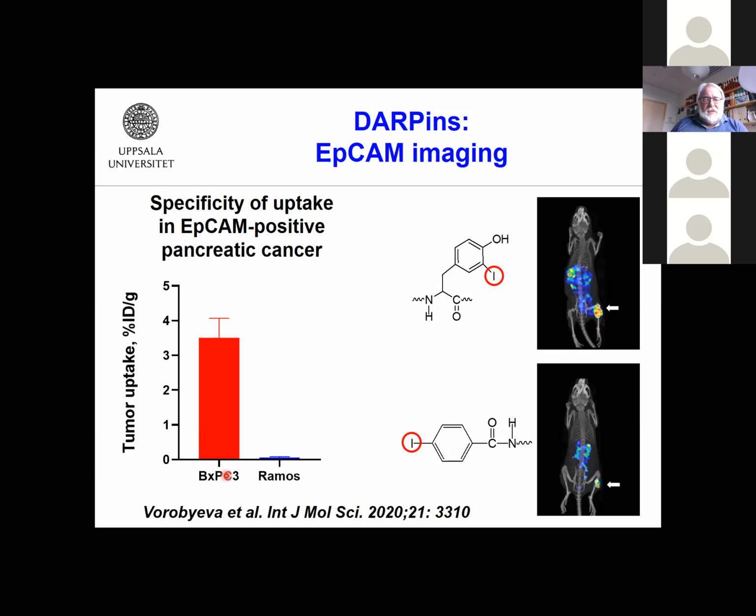So together with a team of academic developers, we developed a library of different EpCAM variants. We tested different approaches to labeling chemistry, and it seems that we are on a good way to develop this.